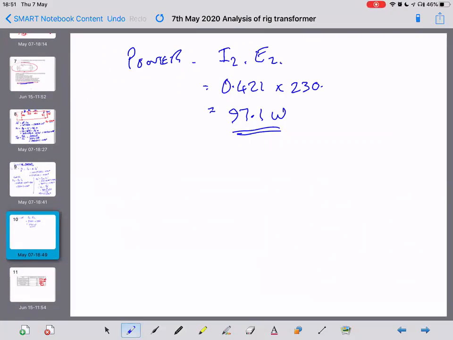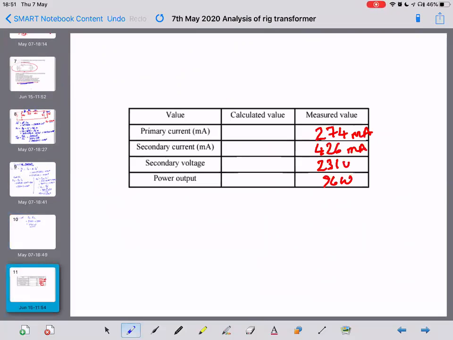So comparing those results, 97.1 we calculated for wattage against 96 watts measured. Secondary voltage we calculated 230 against the measured 231. What was the secondary current we calculated? 421 milliamps. So we're about 5 milliamps out.